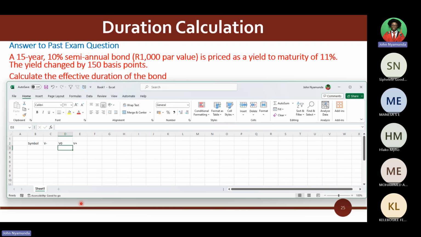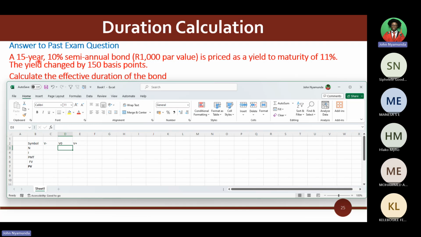So for V naught, we know our N, our I, our PMT, and our FV. What we are trying to find here is PV. Since we are trying to be perfectionists, we are going to bold it. So we start with the V naught.